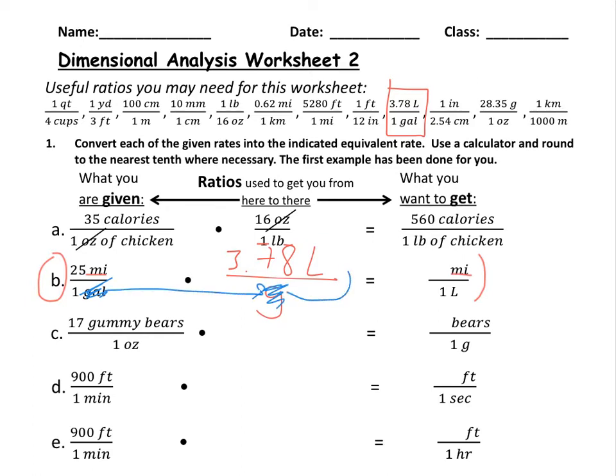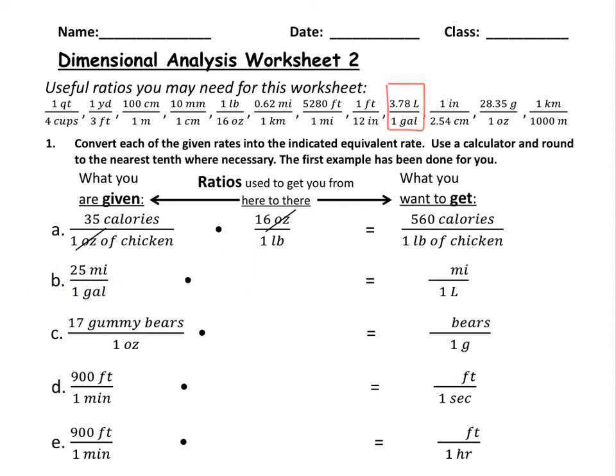I need this gallon to be on top and this liters to be on the bottom. So here's what I'm going to do. I'm going to take my liters per gallon and just flip it upside down.